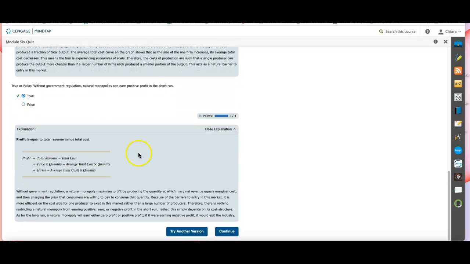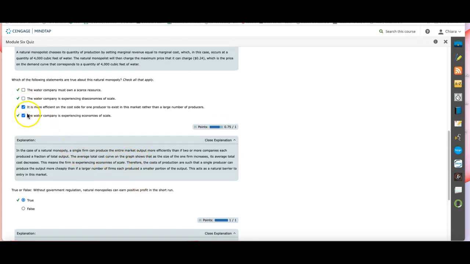Oh, I think I already graded it. So the true ones were that it is more efficient on the cost side for one producer to exist, and the water company is experiencing economies of scale. So these are more conceptual parts of the question that you can answer, even referring to the textbook.